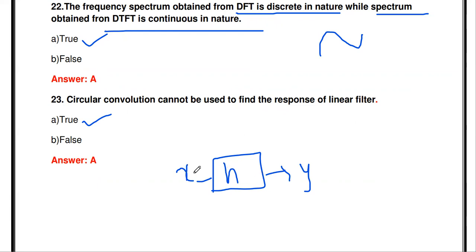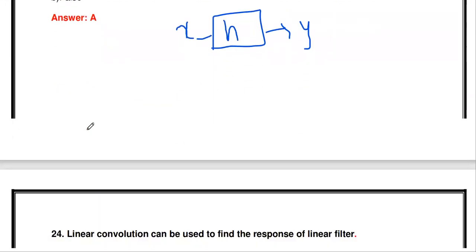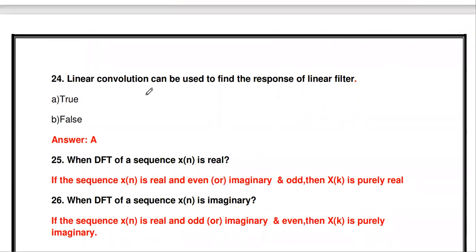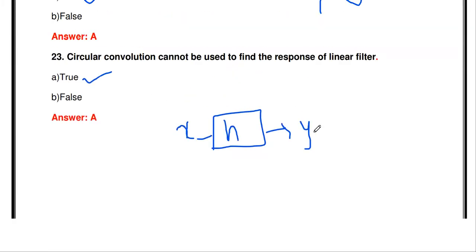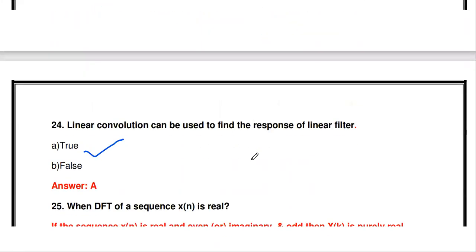But if we perform circular convolution of x of n and h of n, we will not get the exact output. So circular convolution cannot be used to find the response of a linear filter. It is true. The next question: linear convolution can be used to find the response of a linear filter. Yes. Only with linear convolution will we get the output y. The y is nothing but x linearly convolved with h.